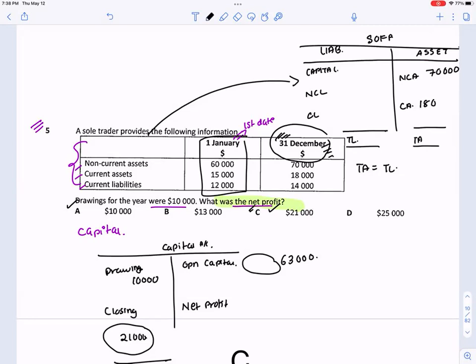What will be your total assets? 88,000. Okay, very good. You don't have non-current liabilities. What are current liabilities, Umer? 14,000. So, total assets will be equal to total liabilities. Similarly, capital, closing capital.